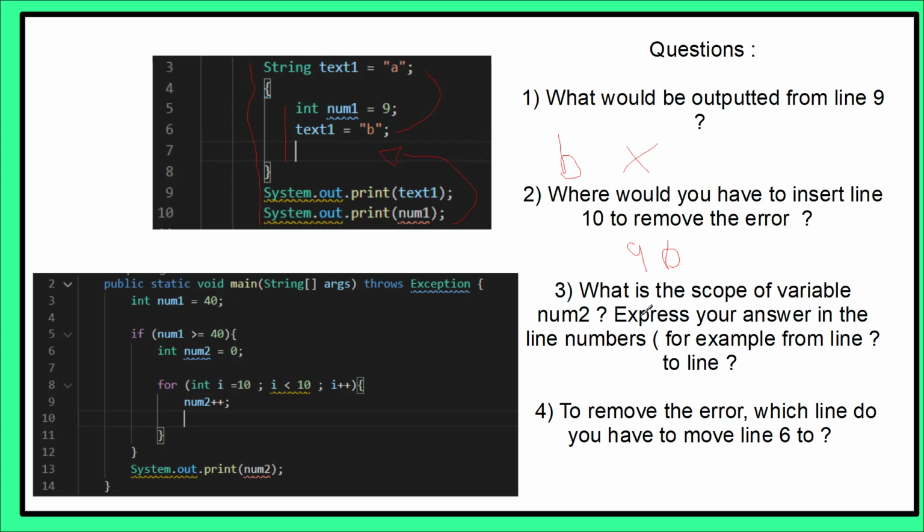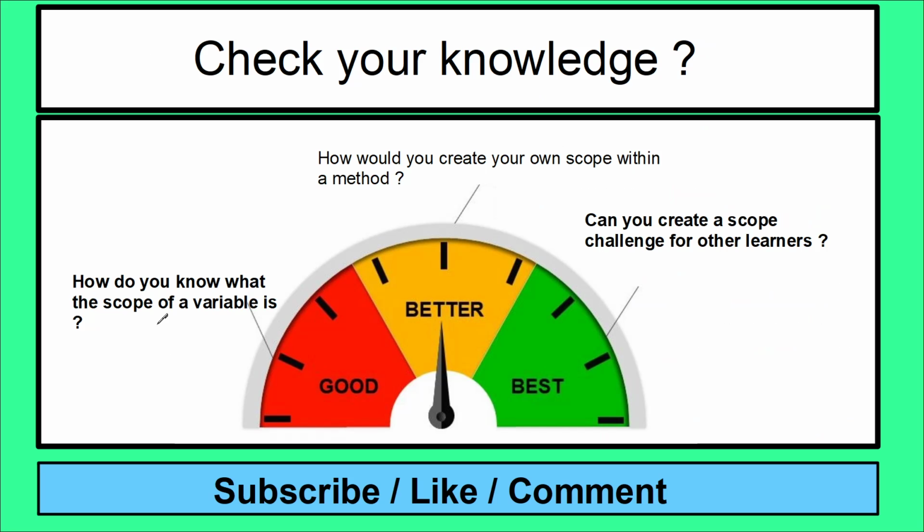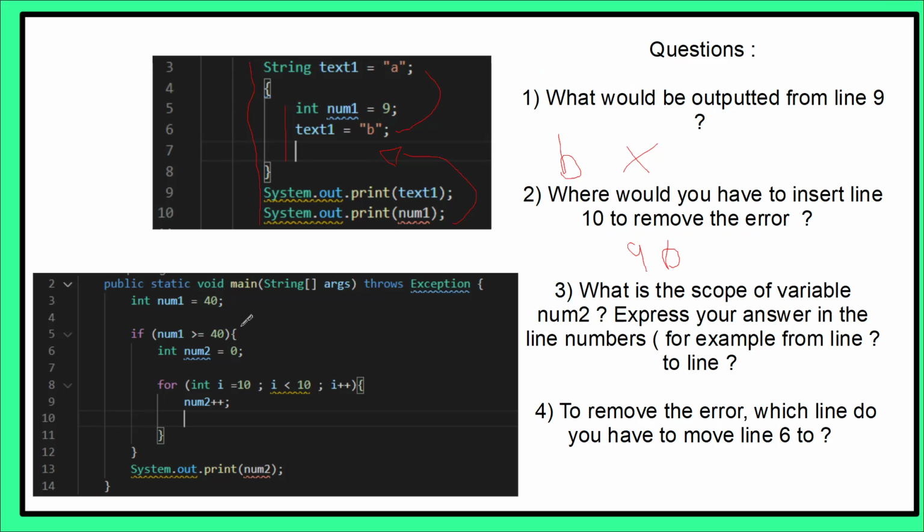Number 3. What is the scope of number2? If we look here, number2 has been created on line 6. So the scope of it would be all the way down to the closing bracket for that if statement.